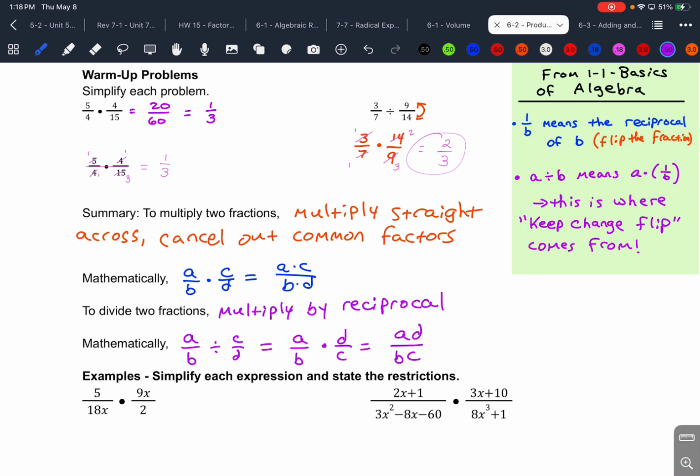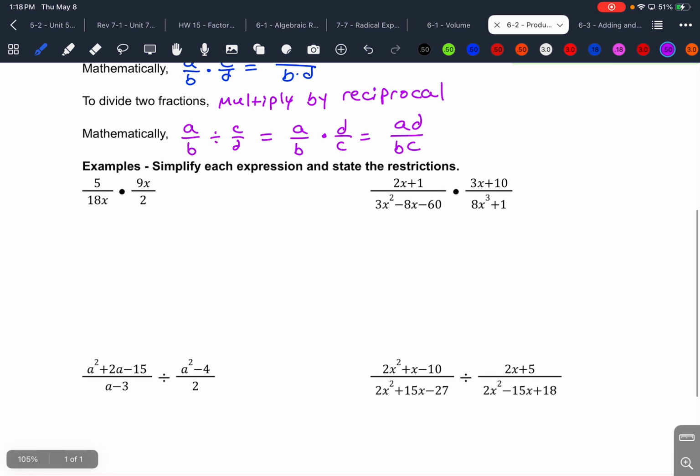So that's really the crux of these notes, is just remembering how we multiply and divide fractions, but we're gonna knock it up a notch and do this with polynomials. So we're still going to be doing the stuff that we did from last section of stating the restrictions and stuff like that. And remember to do the restrictions before you cancel anything out.